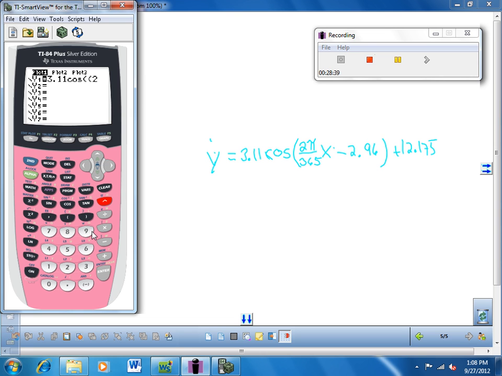Pi divided by 365, close that parentheses, minus 2.96.